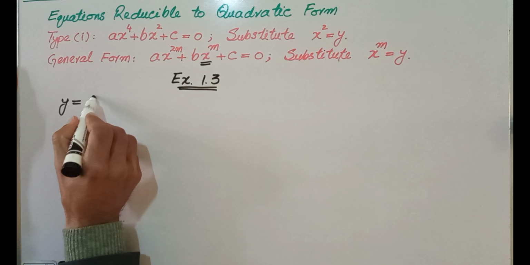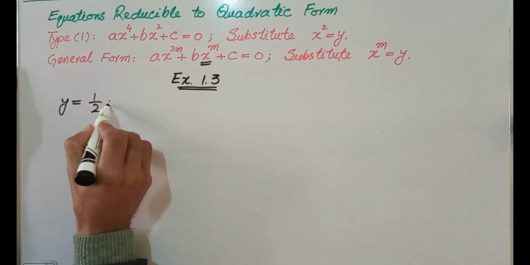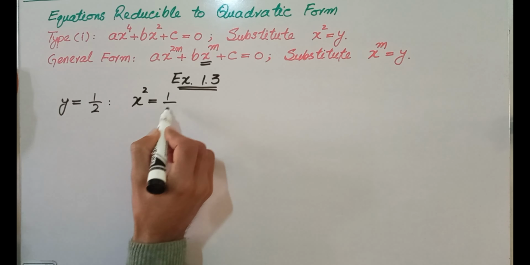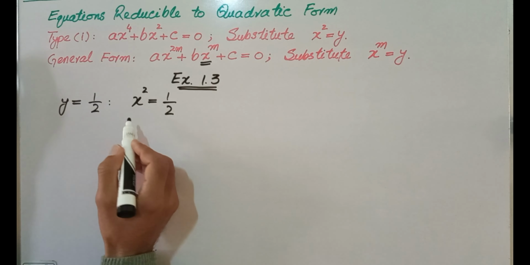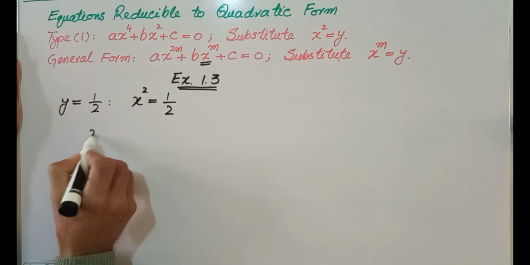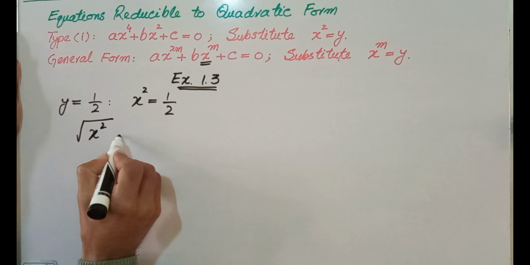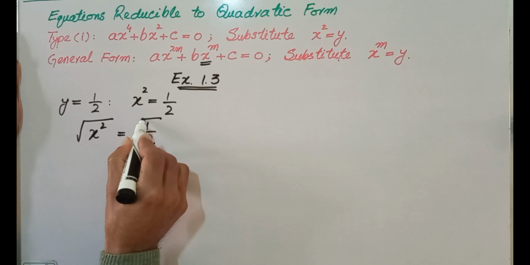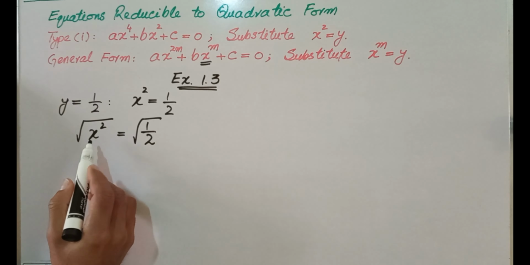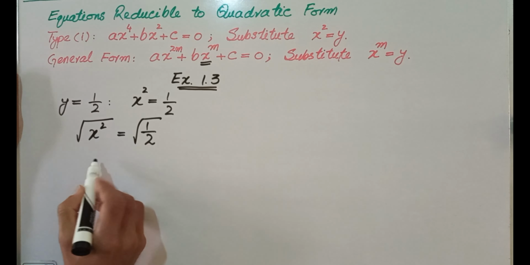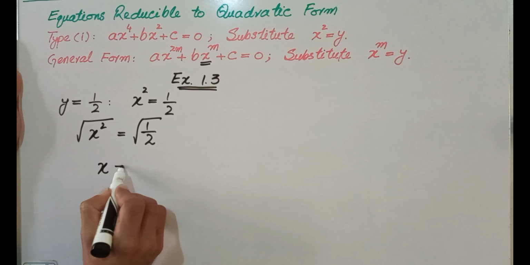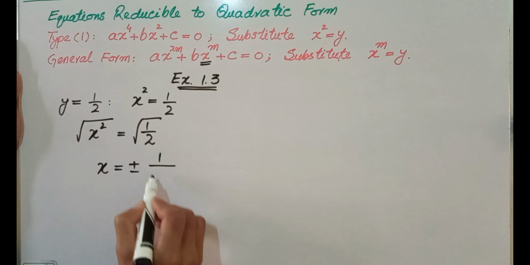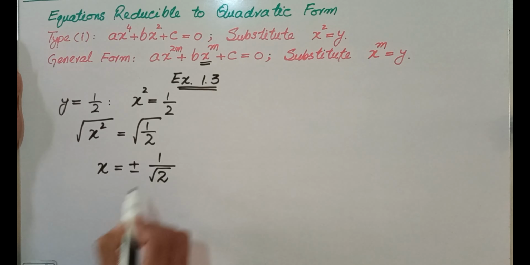Now we take y is equal to 1 over 2, then x square becomes 1 over 2 again. Now taking the square root on both hand sides, we have the square root of 1 over 2, and from here we can write directly, as in the previous case, that x is equal to plus or minus the square root of 1 over 2.